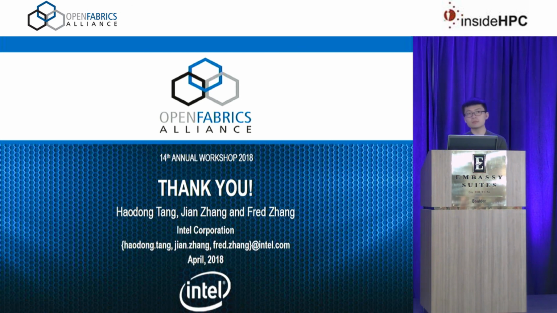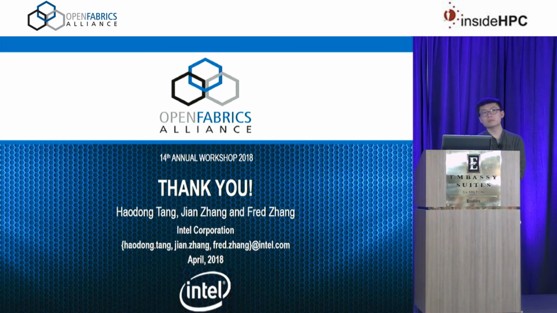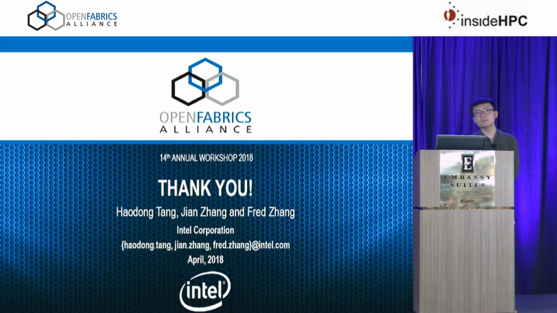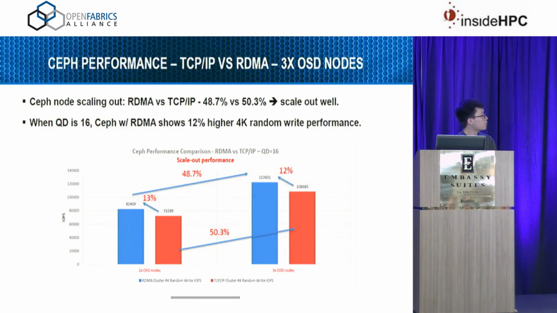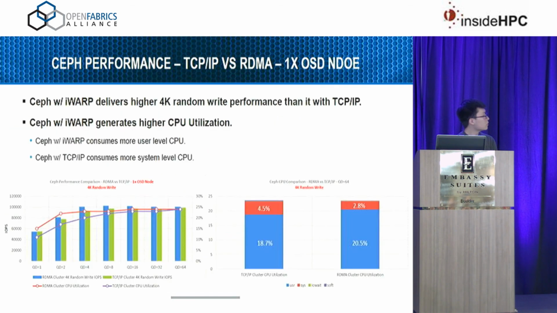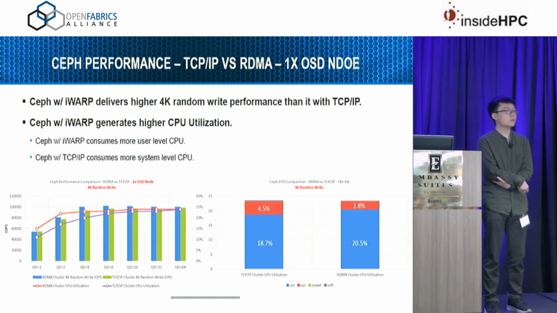I noticed in the specs you picked MLX4, so you're not using MLX5 with EDR or something like that. So you're going to try to get better performance out of your RDMA connections by upgrading your network. So you mean this picture? On one of the slides you mentioned you were using MLX4.